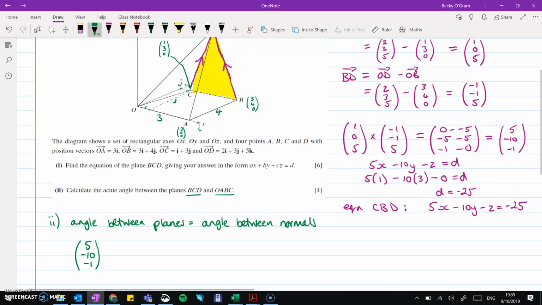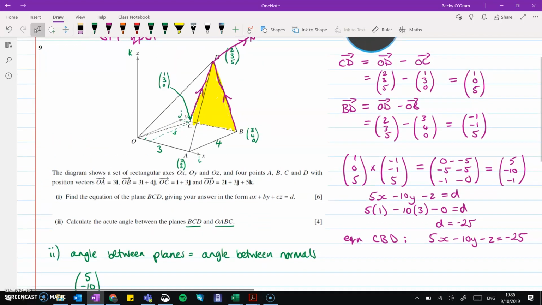Now the normal to the XY plane, it would go straight up from here. If I try and draw this on the diagram, it's getting a little full, but this would be the normal to the plane OCB. This one here.